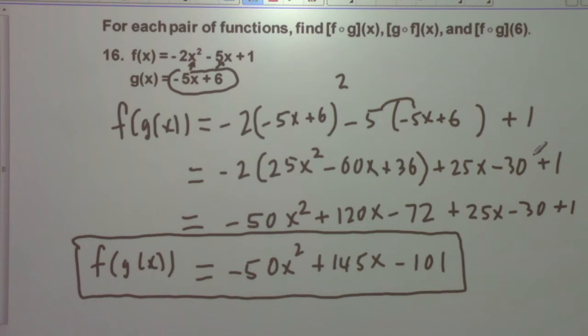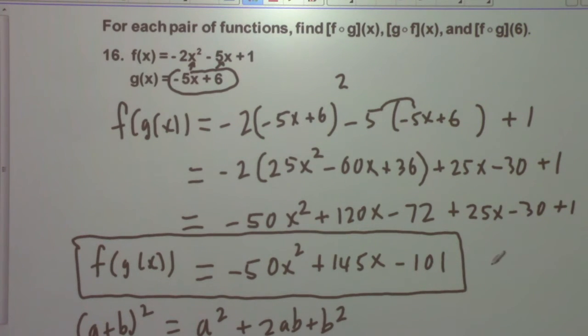How did you get the negative 60x again? Can you repeat that? Yeah, that has to do with binomial expansion. So if we have something like a plus b squared, then the expansion is going to be a squared plus 2ab plus b squared. That's a binomial expansion pattern, right?